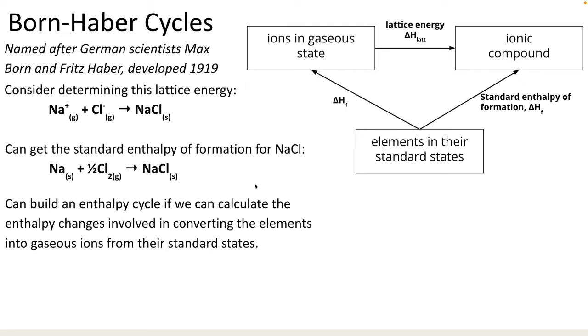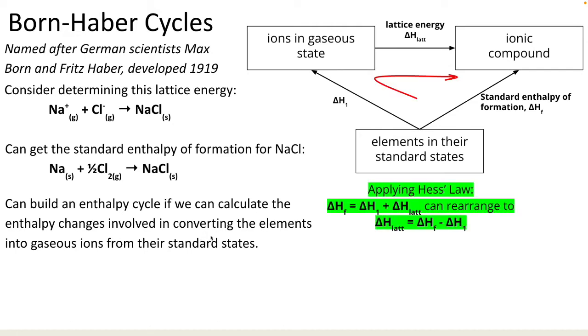So then from here, if we know both of these enthalpy changes, we can pop our direct and our indirect routes onto our enthalpy cycle, and using Hess's law, the idea that the energy change during a chemical reaction is the same no matter how many steps you do it in, we can say that the ΔH of formation, which is our direct route, is going to be equal to our lattice energy plus our enthalpy change for this process here, which is our indirect route going around there.